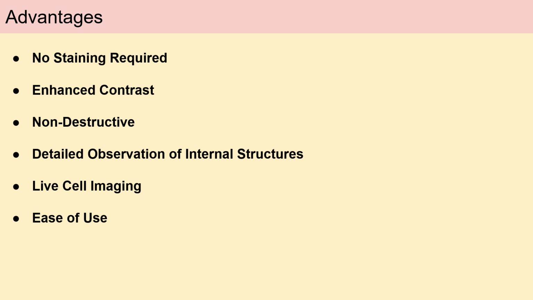The technique also allows for detailed observations of internal structure within the cells and tissues, which is crucial for cell biology, microbiology, and medical diagnostics. Moreover, phase contrast microscopy is particularly useful for live cell imaging, enabling researchers to study cell movement, growth, and division in real time, providing valuable insights into cellular processes and interactions.